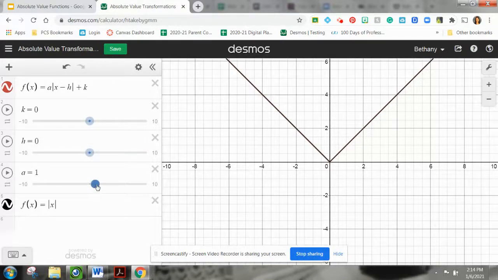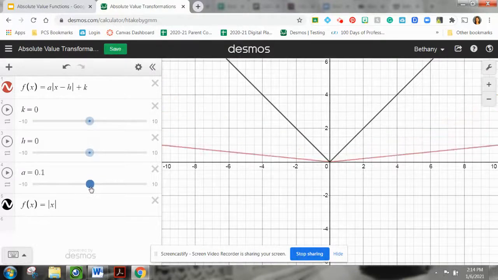Now we're going to look at a. Thinking back to what a did for quadratics, we're going to see if a does the same thing here for absolute value functions. So if I make a larger, it's going to stretch it vertically and make it skinny. If I put a between 0 and 1 and I make it a small fraction, it's going to make it wide.